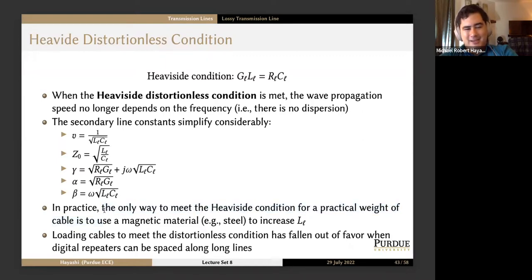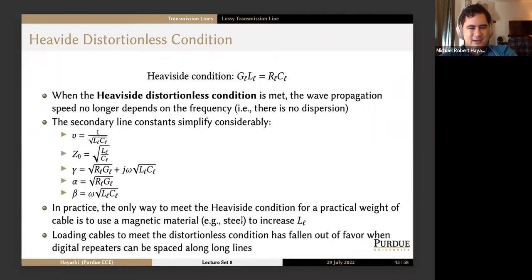So in practice, to meet this condition, you don't want to make RL and GL bigger. Those are your losses. You don't want to increase your losses. That's a bad way to meet this condition. But you normally find that GL is very, very small compared to RL times CL. So what you do is you make LL bigger by increasing the inductance, LL.